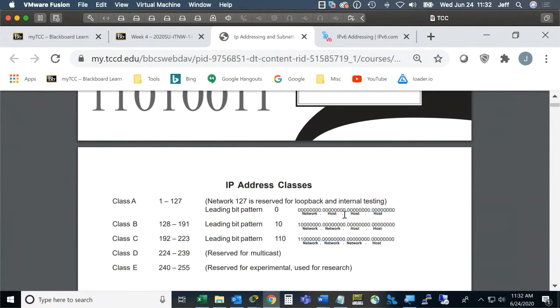These are bits. If we take one of these bits, it can be 0 or 1. So we can create or identify 2 networks by that 1 bit if we borrow that bit and make that part of the network. And we're always going to borrow the bits closest to the network, the ones on the left, right? So if you take 1, you take this one. If you take 2, you take these 2. If you take 8, you take these 8, right?